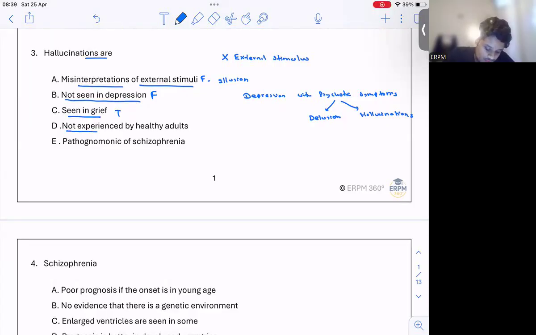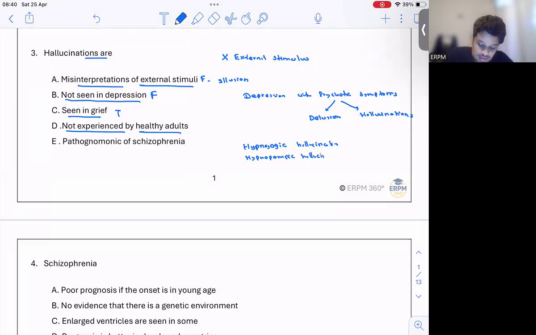Not experienced by healthy adults. We discussed some types of hallucinations which can be seen even by a healthy person. For example, hypnagogic hallucinations and hypnopompic hallucinations.